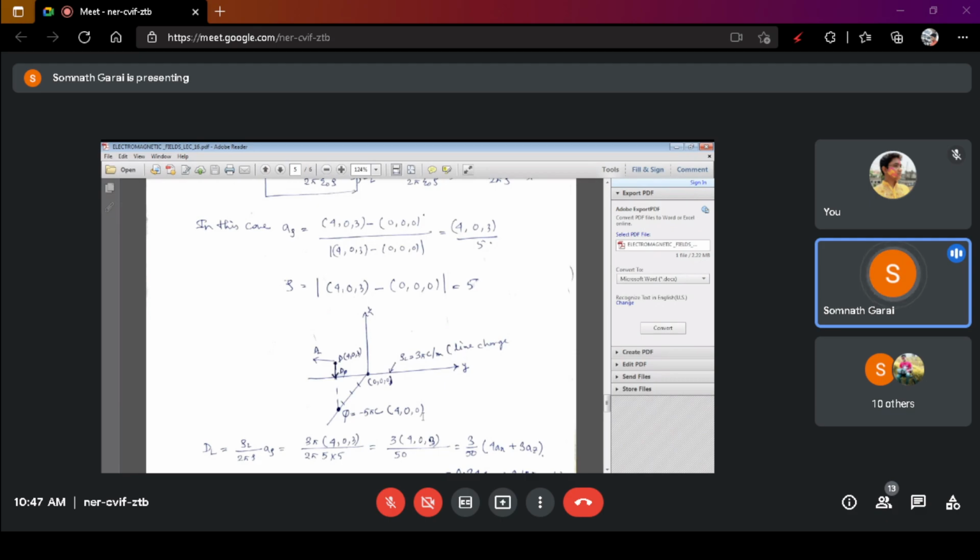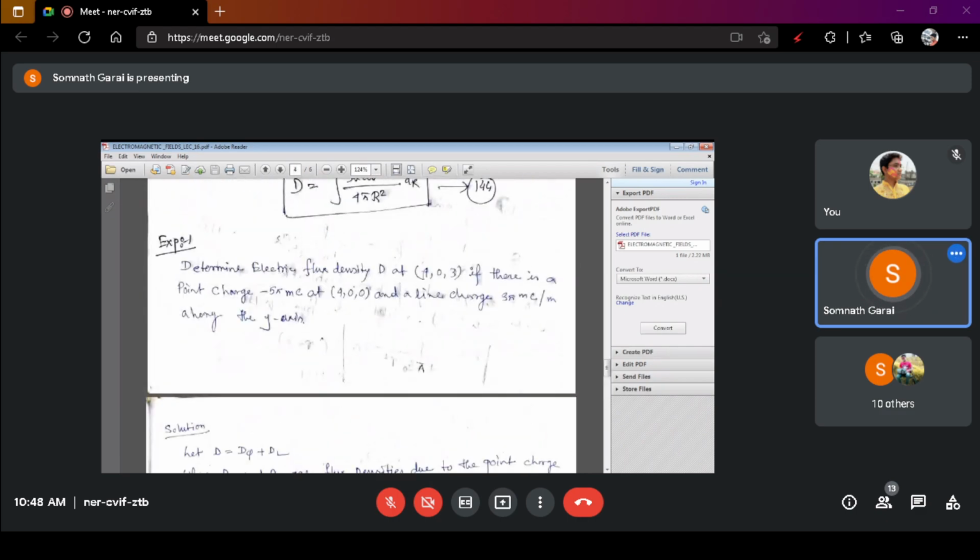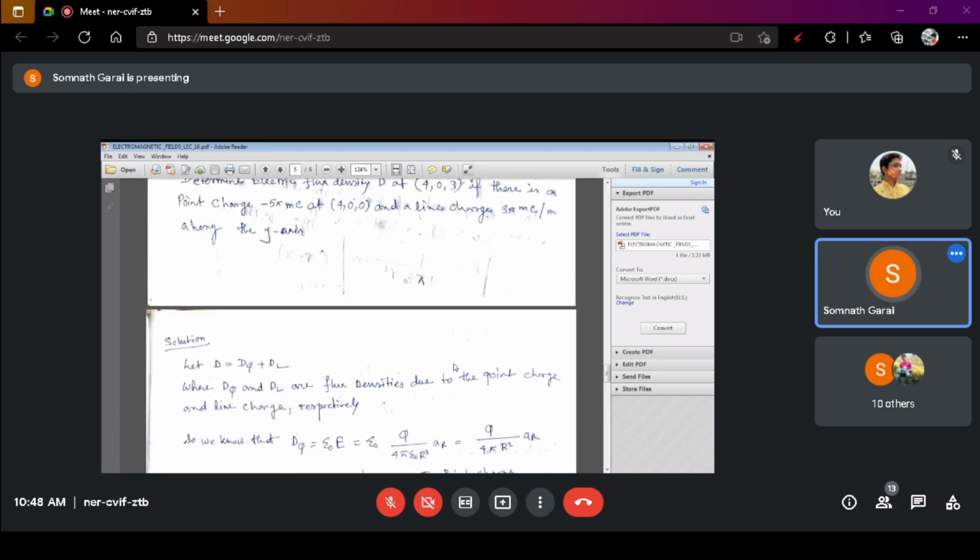And the line charge, whose uniform charge density rho L is equal to 3 pi coulomb per meter, is situated on the y axis. Our desired point at which we calculate the flux density is 4, 0, 3.